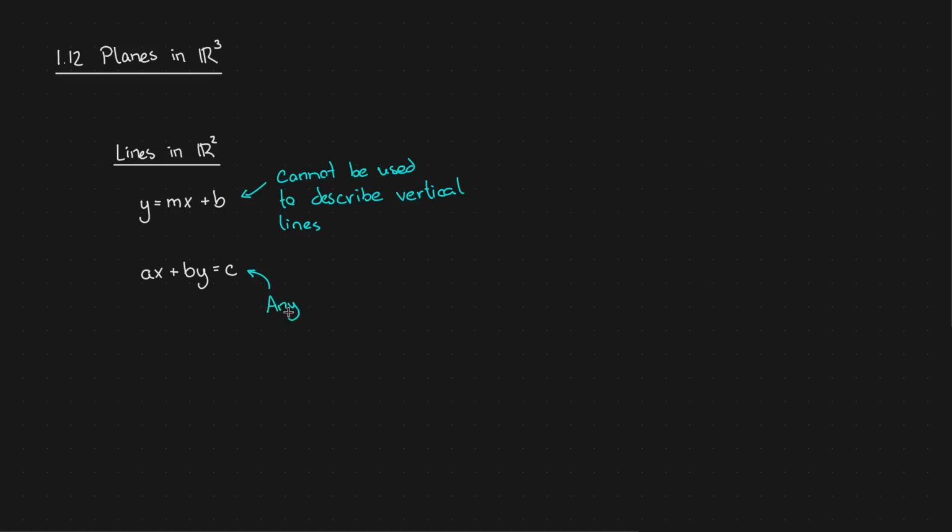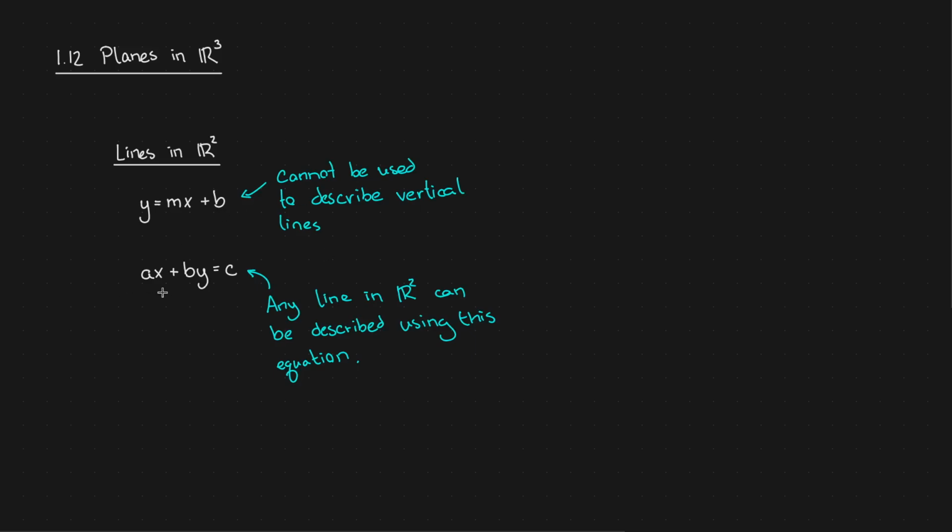And this one can be used to describe any line in two-dimensional space. And so this second equation here, it's going to be the equation that we focus more on.